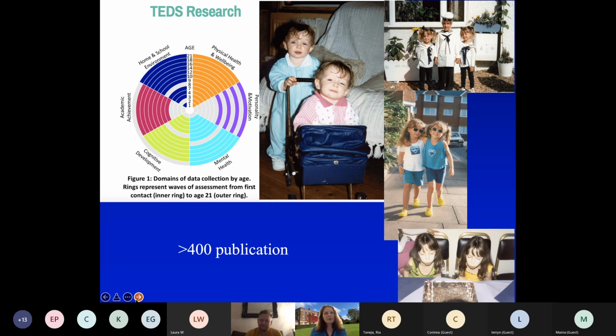So these are broad areas of interest in this study. Today I'll just mention several things that we found out. But as I mentioned, many publications have provided a lot of insights into child development. And here you're looking at photographs of just one pair of twin girls, and sometimes their other sibling, as they were growing in our study.